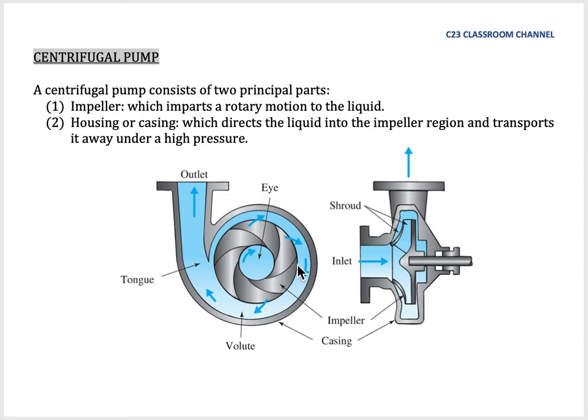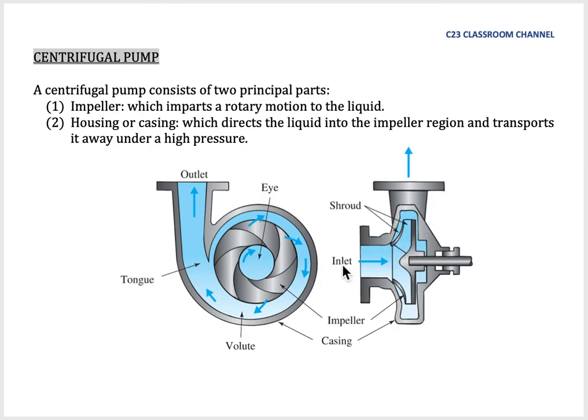Please imagine this is one blade, for example. To be simple, this is a blade of a pump, and the whole system of blades is named the impeller. And this impeller is covered by a shroud. So we have the front shroud and the back shroud here.